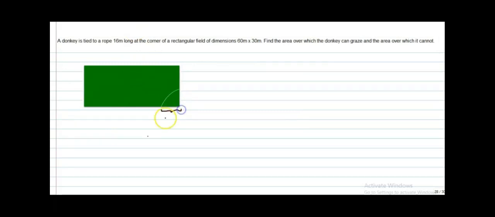The length of the rope is given to be 16 meters, whereas the dimensions of the rectangular field are given to be 60 by 30 meters.